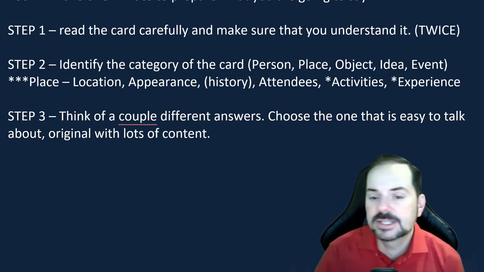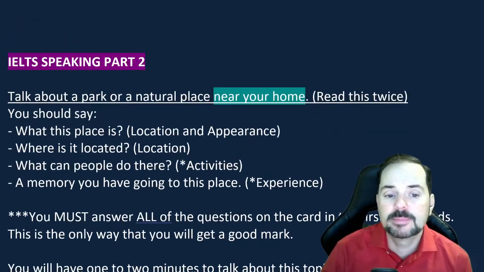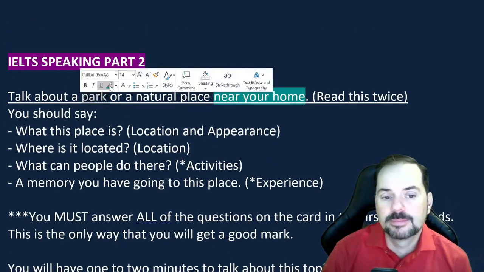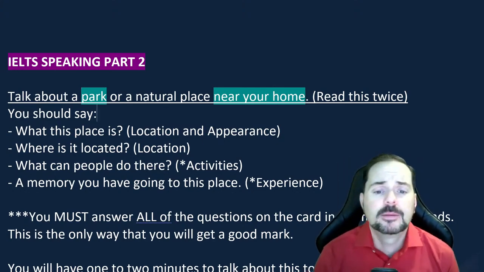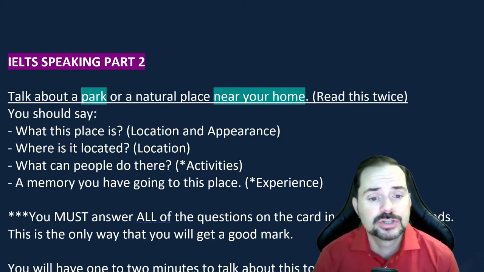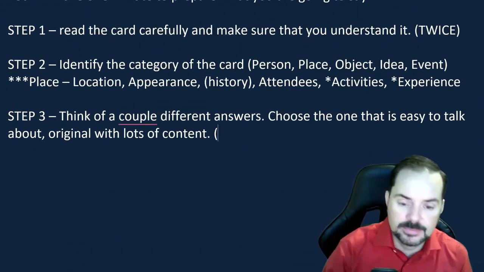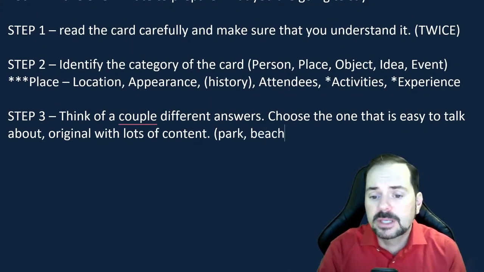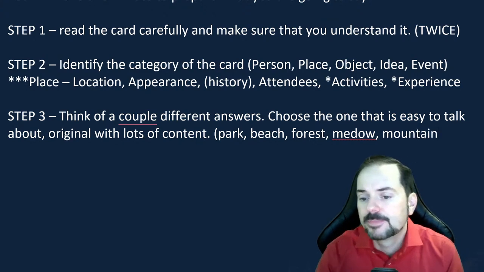What are some places of nature near your home? So it can be a park. You could talk about a park, or you could talk about some other place. It could be a beach, for example, right? So here you should be thinking about park, beach, forest, meadow, mountain, okay?